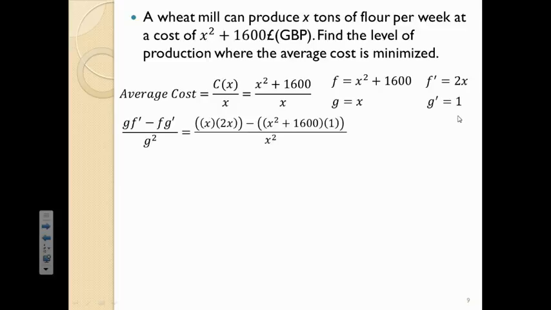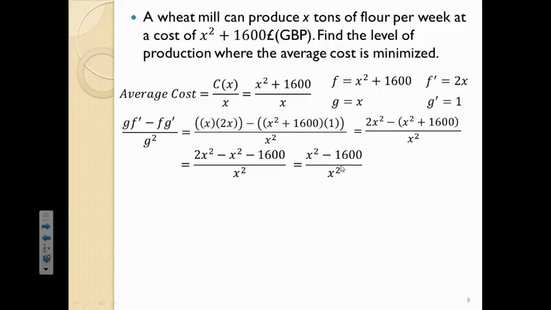Our g times our f prime minus our f times g prime all over g squared. Well, we can factor this down first off to make it a little bit easier. And when we do all of the algebra with this, we're going to end up getting x squared minus 1600 over x squared.